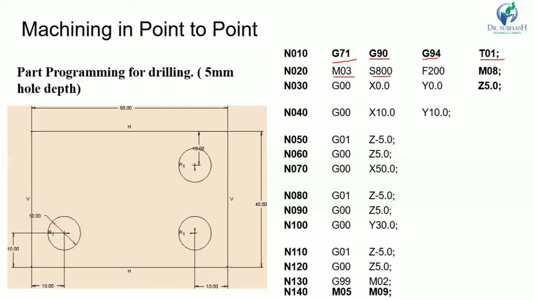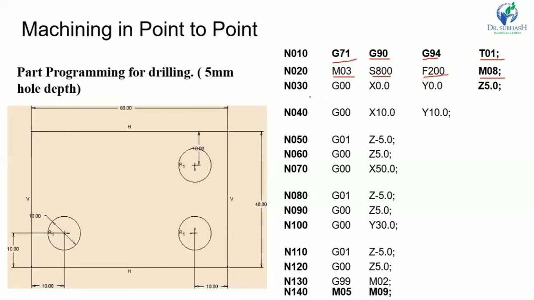And feed F200 means the feed rate is 200 mm per minute. And M08 means coolant on.